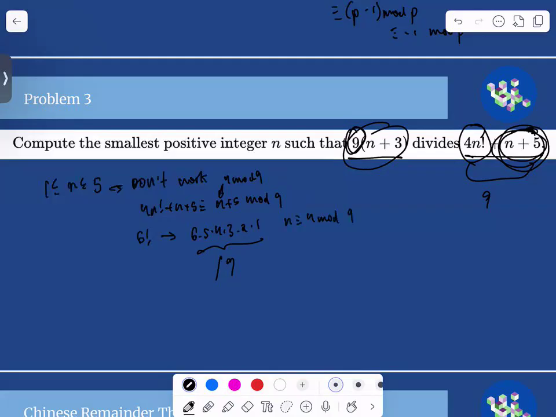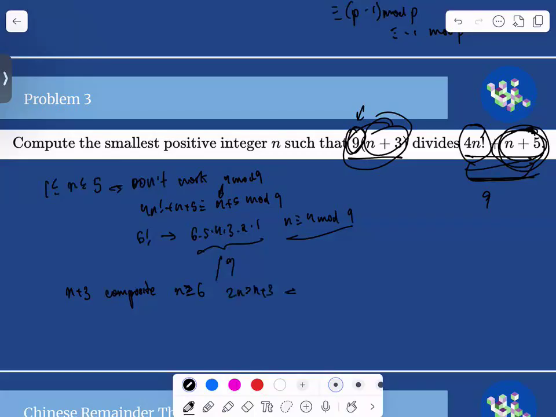Then we have that if n is congruent to 4 mod 9, then 9 divides this, but we also need n plus 3 to divide this. So you can consider the case when n plus 3 is a composite number. In that case, since n is greater than or equal to 6, we have that 2n is greater than n plus 3.